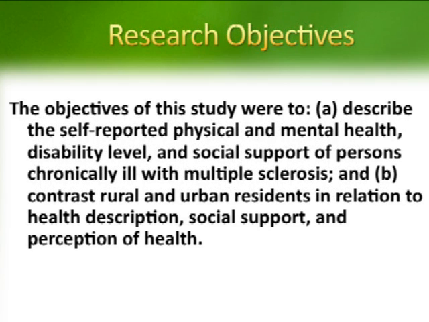Some examples of research objectives would be: describe the self-reported physical and mental health, disability level, and social support of persons chronically ill with MS. Or contrast rural and urban residents in relation to health description, social support, and perception of health.